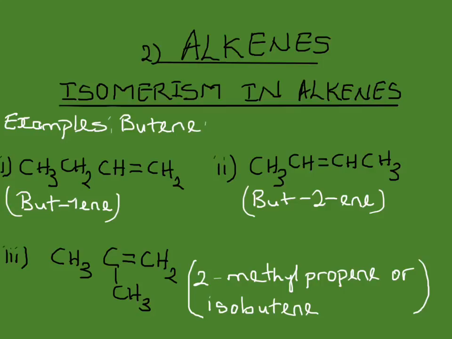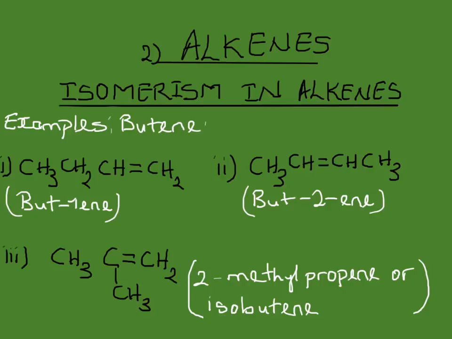Like I earlier said, if you look at the isomers 1 and 3, they are chain isomers, whereby isomer 1 is a straight chain isomer and isomer 3 is a branched chain isomer. Meaning here that a methyl group is attached on the second carbon atom, I'm talking about isomer Roman figure 3.